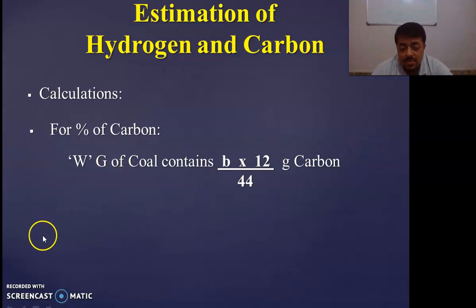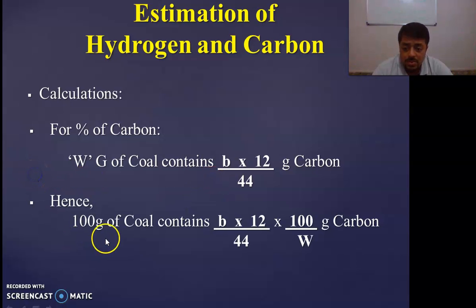This B grams of CO2 came from W grams of coal, so W grams of coal contains B multiplied by 12 divided by 44 grams of carbon. In 100 grams of coal, it is B multiplied by 12 divided by 44 multiplied by 100 upon W grams of carbon.